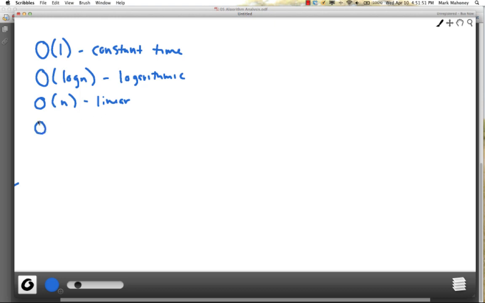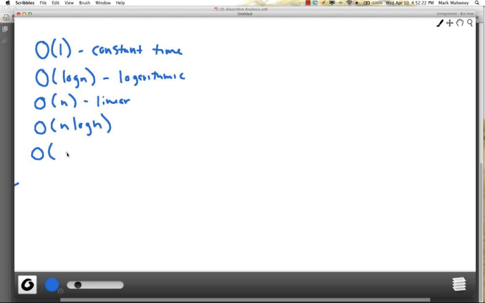Okay. Then the next very common algorithm type would be n log n. Okay, so remember, a logarithm is kind of like 2 to what power is equal to a number. Right, so 2 to what power is equal to 1,000? Well, it's about 10. Okay, so we'll see in a second that logarithmic functions grow over time, but they grow very slowly.